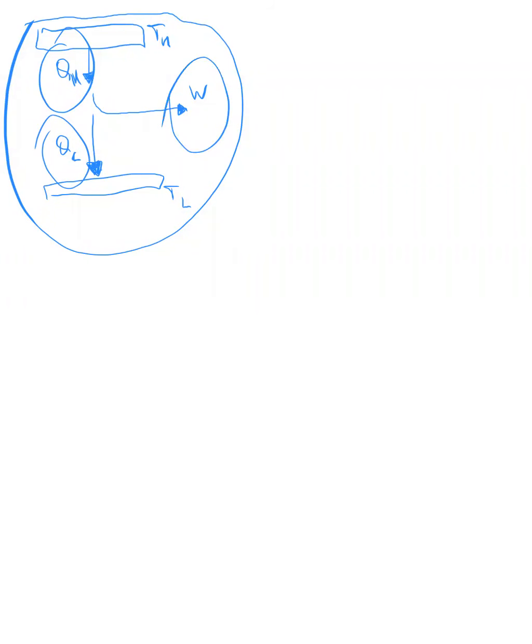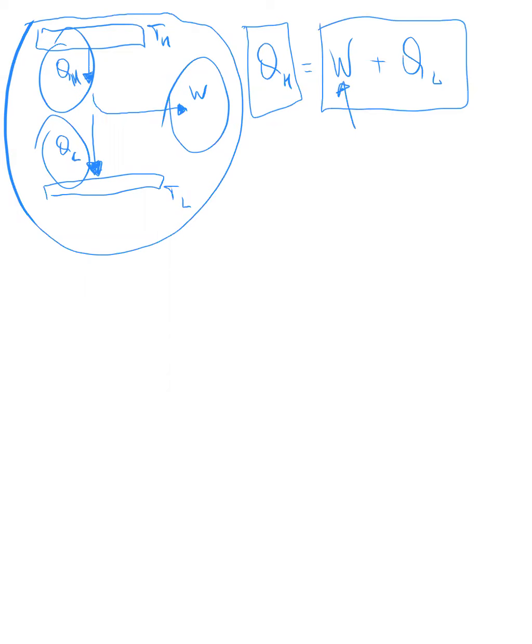They are linked. QH must be equal to W plus QL. So this is the amount of original heat, and part of it is spent on work, part of it is spent on heating up the cold reservoir. But since energy is conserved, this equation must be satisfied.